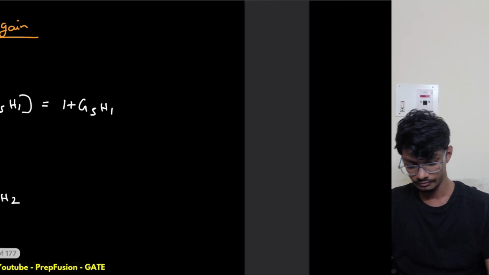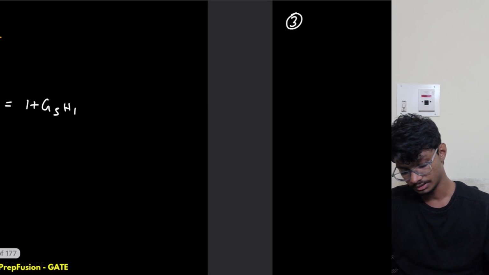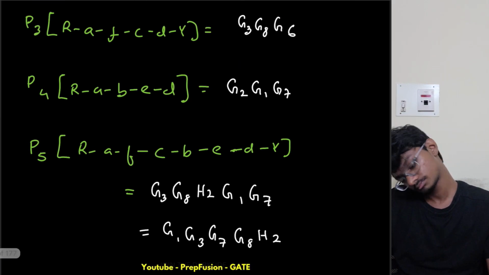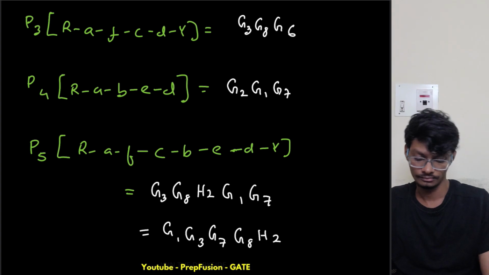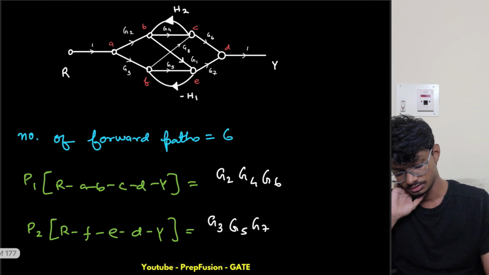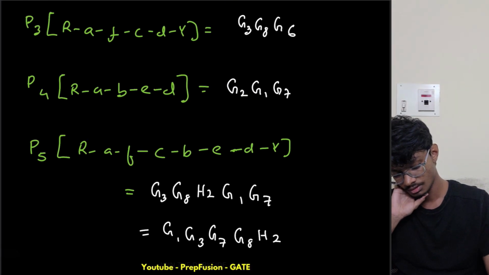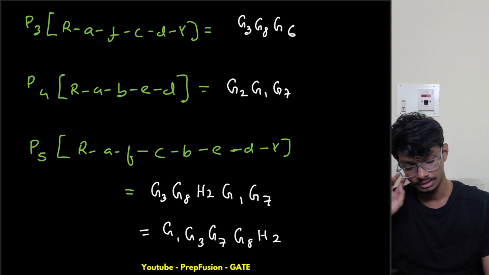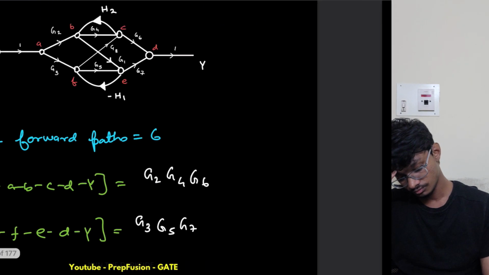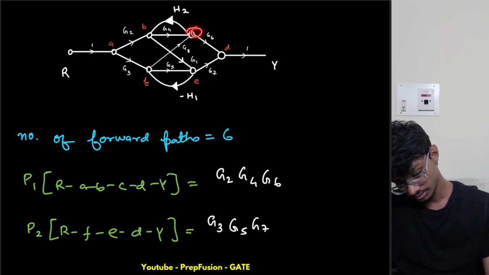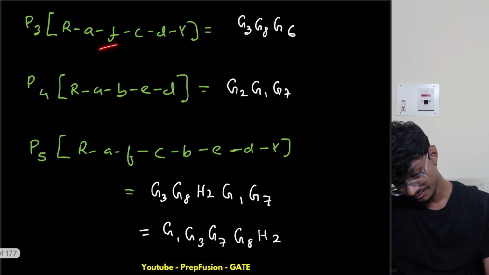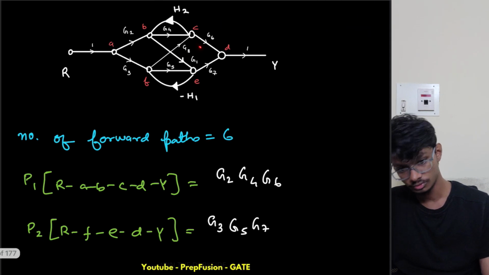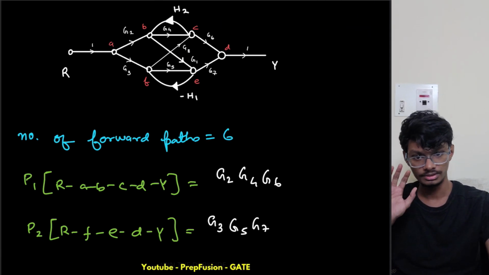Now for the third path, what is common? For the third path F is there, but BE is not there. C is also there. F and C both are there. So for the third path, it will be simply 0.